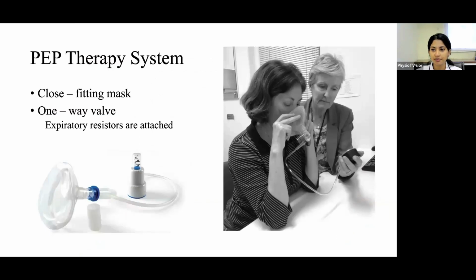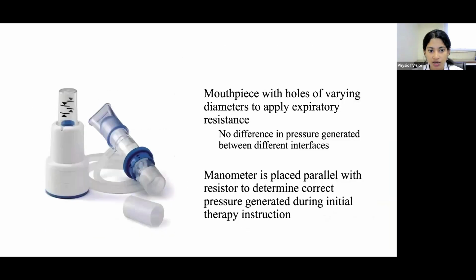Let's understand what the PEP therapy system is. In a PEP therapy system, there is a close fitting mask, there is a one-way valve involved, and you can see this blue knob, which is the resistor, the area which will be giving the resistance to the expiratory flow. Another way of using this is a mouthpiece.